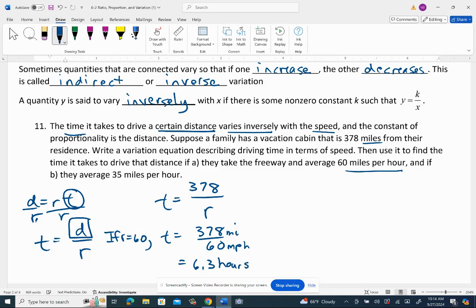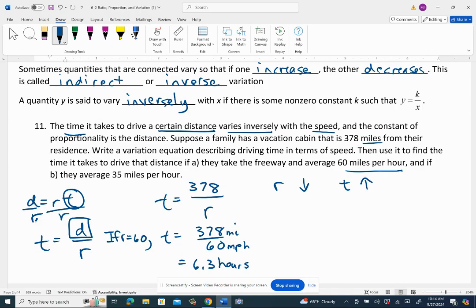Okay? All right, now let's think about this. Now they're going to average only 35 miles per hour. So when our rate decreases, when the r goes down, then wouldn't the length of time it takes you to get there go up, increase? Wouldn't it take you longer?